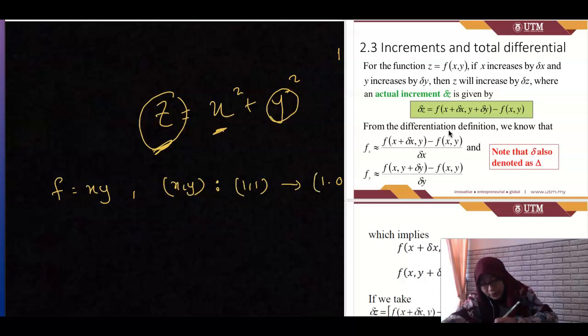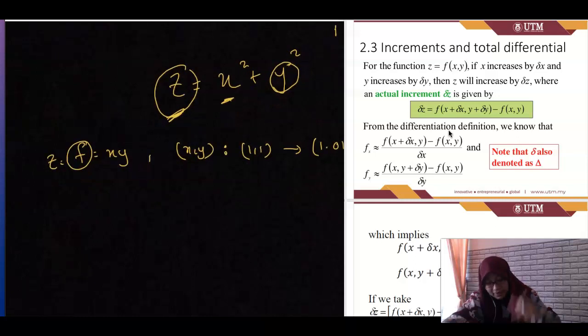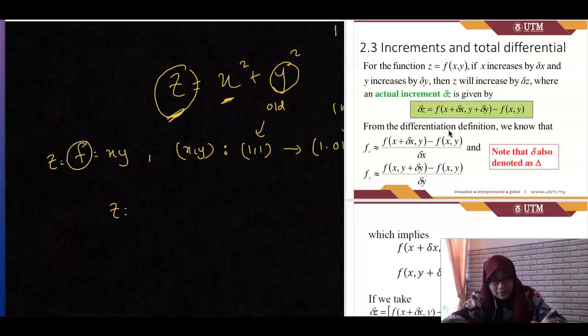How can you compute the change of the function, or z? Without using total differential, remember that total differential is a method, what you do is compute z at the old point, and at the new point after you change.